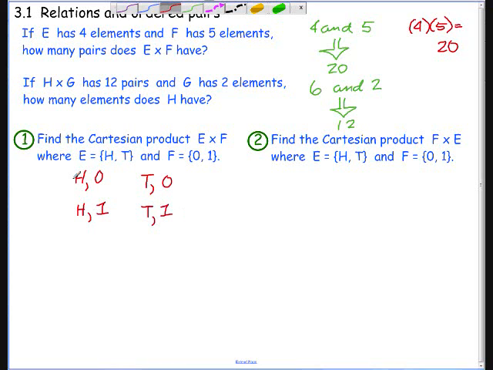Now have I captured all the pairs I could get out of this? I have. So this is the Cartesian product, E cross F. Find the Cartesian product F cross E. And we have, it's still defined the same. So now I've got F is my first element, consisting of either a 1 or a 0. And E is my second element, H or T.